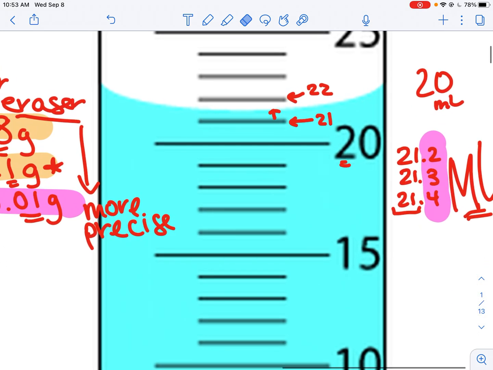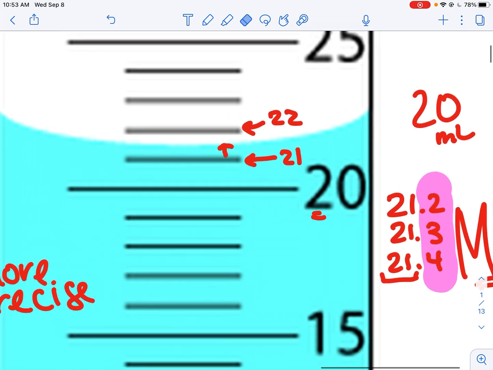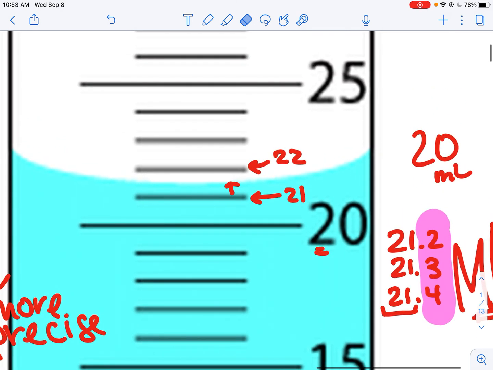All right, taking a look over here at our last question that asks about volume. I see this meniscus, and this is what I read in order to get my volume. I would say I am definitely certain that it's 21 and not 22. But I don't know if that's 21.2 or 21.3 or 21.4, because there are no extra little tick marks there.